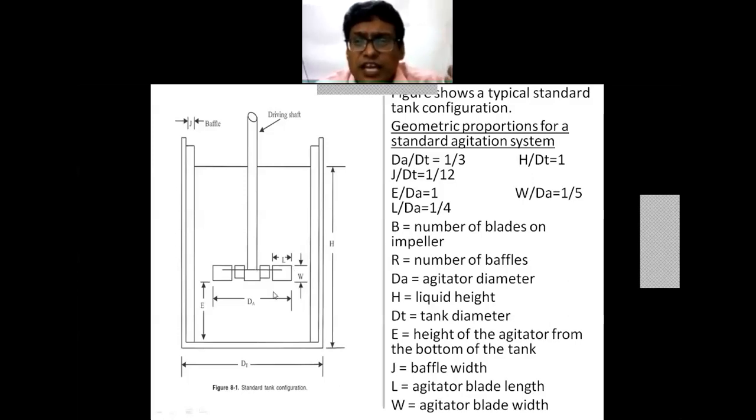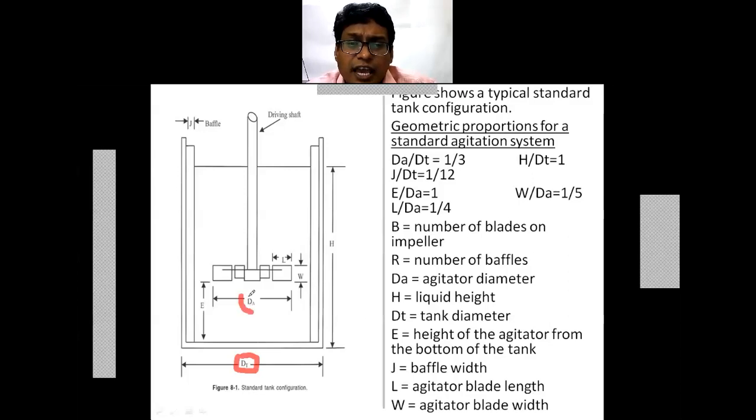So these are the specifications and they have certain correlations. The tank diameter Dt is the most important thing, and they are all related to that. The ratio of Da to Dt is generally taken as one third.